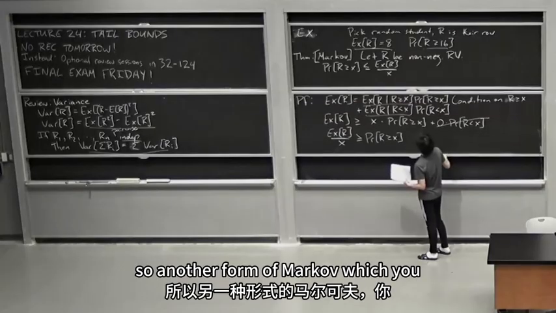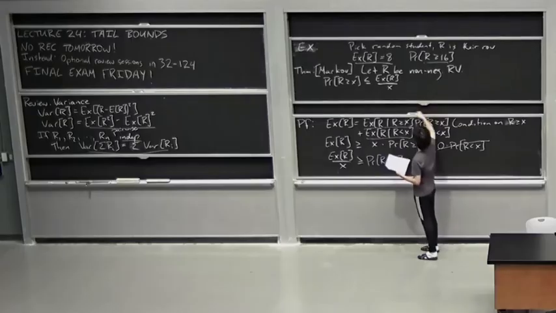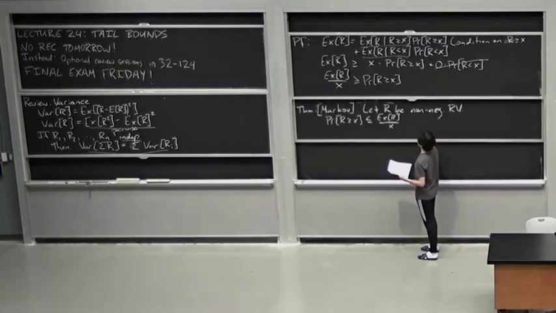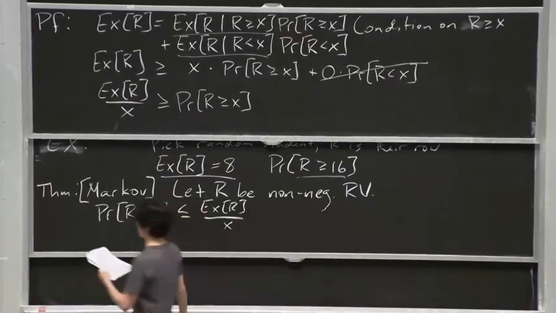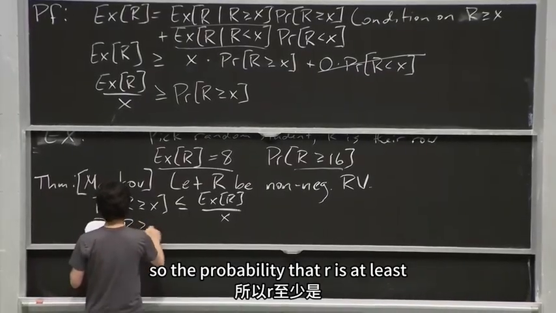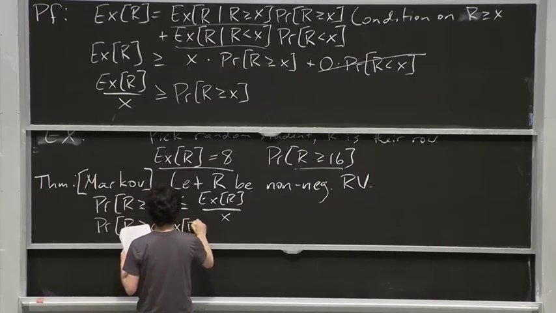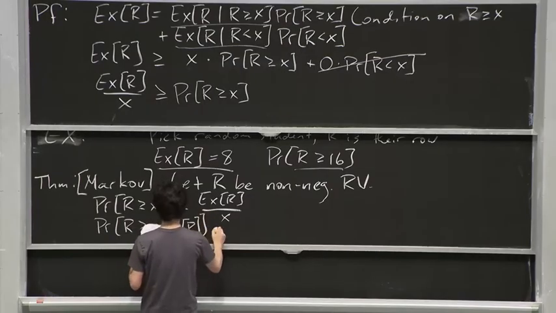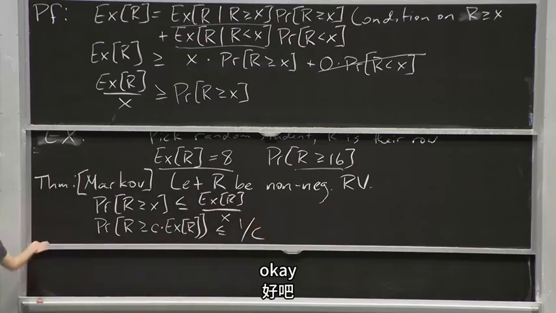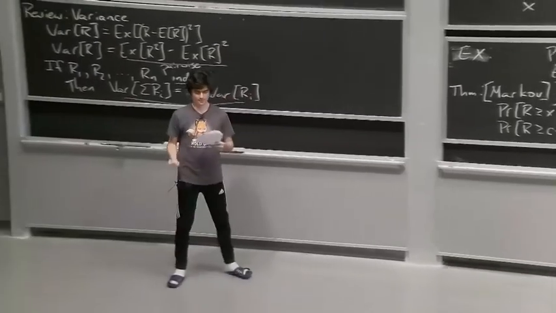So another form of Markov which you may often encounter is the following. The probability that R is at least c times its expectation is at most 1 over c, for any positive c.